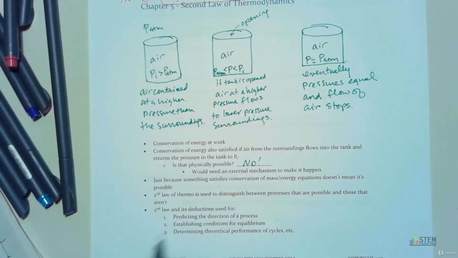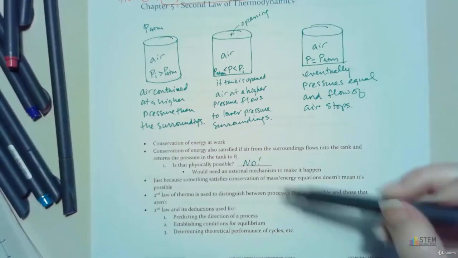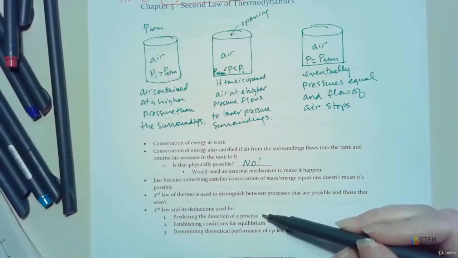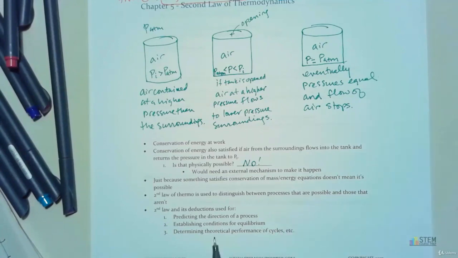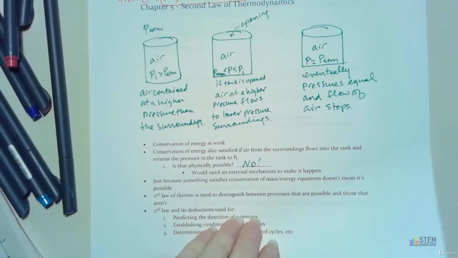And the second law and the deductions that come from it are also used for predicting the direction of a process. We can establish conditions for equilibrium. We can determine theoretical performance of cycles. We'll talk about this in a little bit.